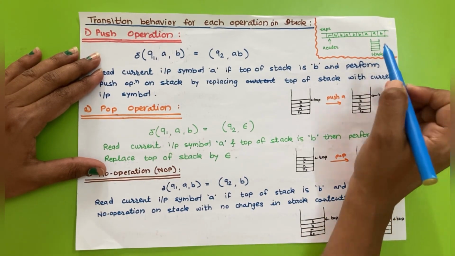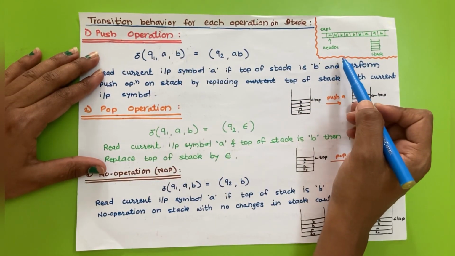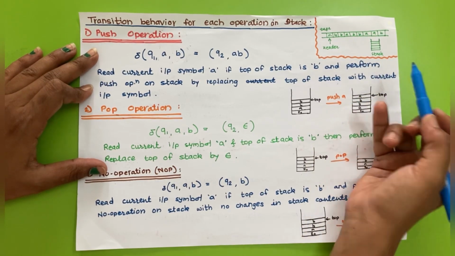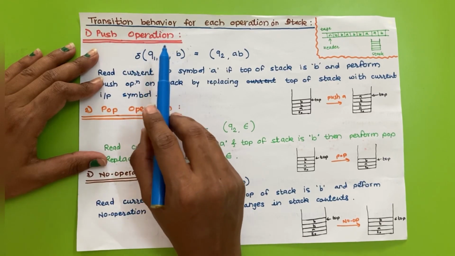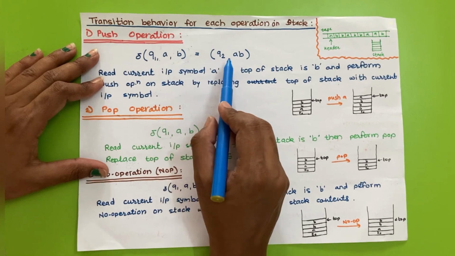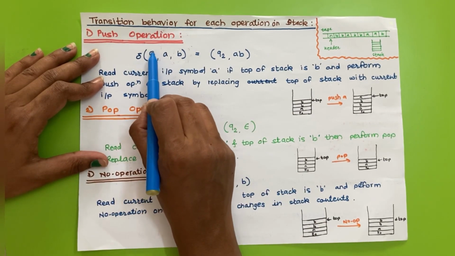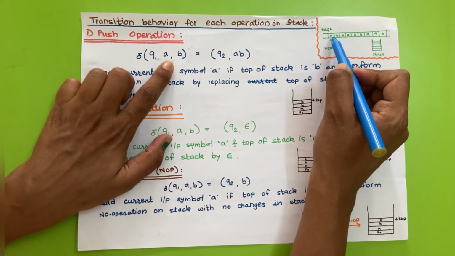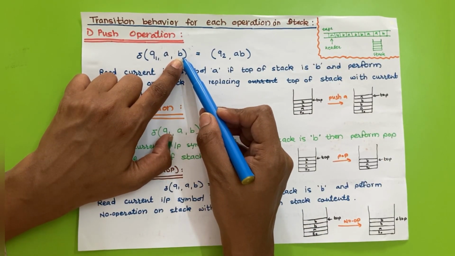So we will see what is meant by push operation in case of PDA and how these are executed on stack. The syntax for push operation on stack is delta of q1 comma a comma b is equal to q2 comma ab. Suppose you are in state q1 and you are reading current input symbol a. At that time suppose b is the top of stack.